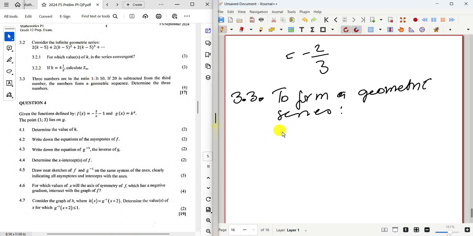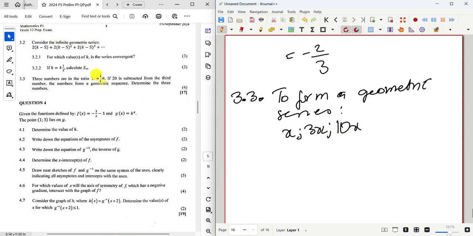I like working with k, but let me use x. This is x, 3x, and then the other one will be 10x. But to make it geometric, 20 must be subtracted from the third, so it'll be 10x minus 20.